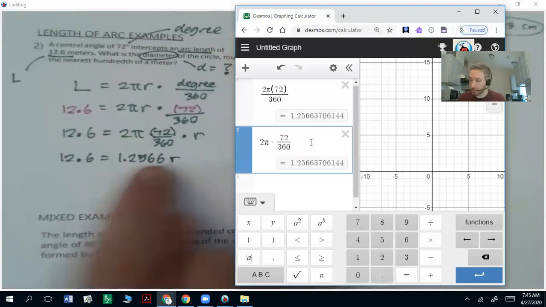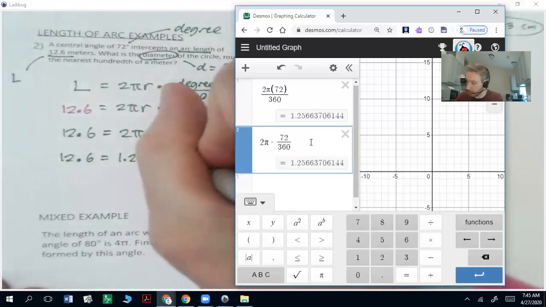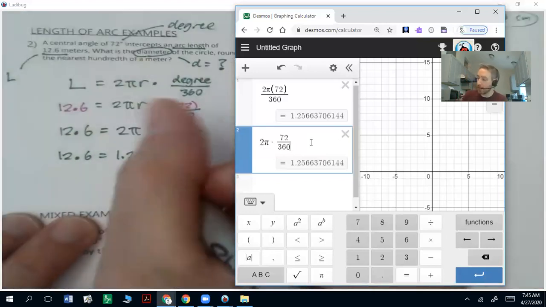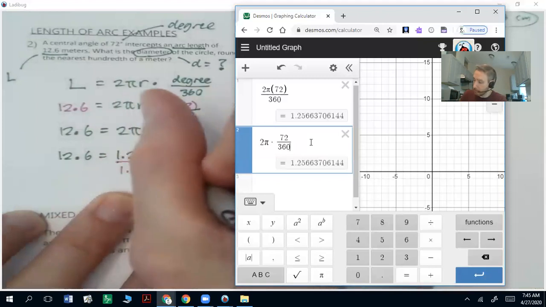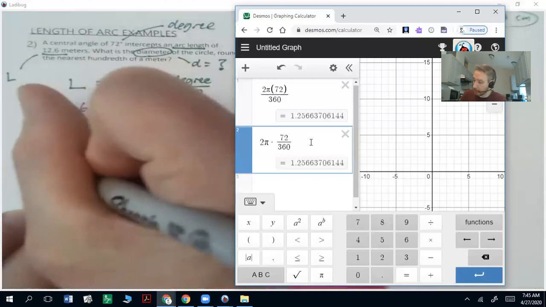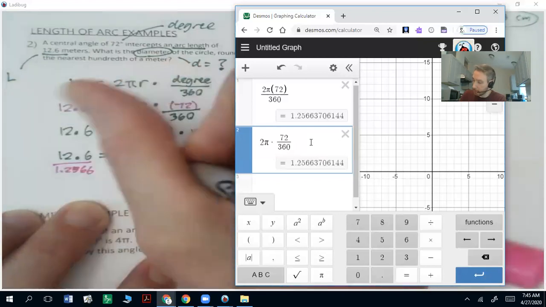So that's multiplication. We get rid of multiplication by dividing. So I can divide both sides to get r by itself by 1.2566, and those will cross out.